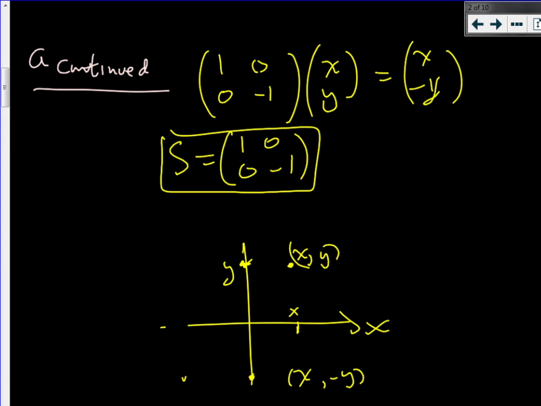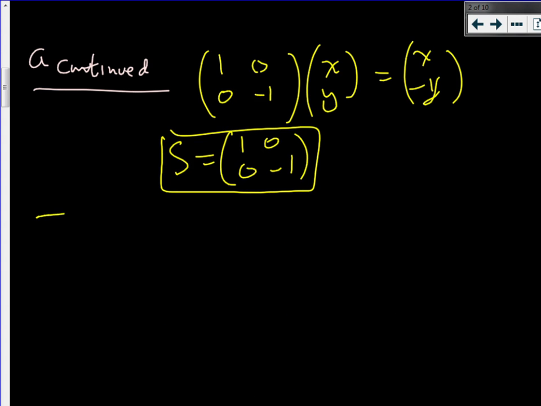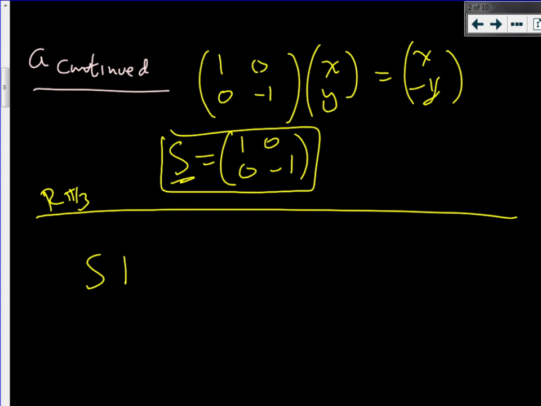Now, that's the end of part A. I found R pi over 3, and now I found S. Now they're asking us to find the following: S R pi over 3, and to show that it equals R inverse pi over 3 times S, that these are equal.